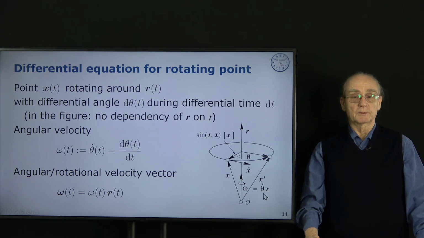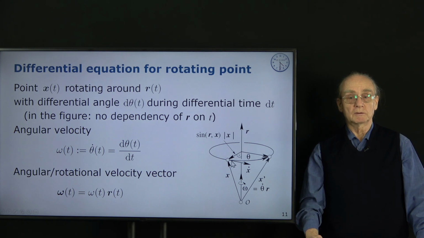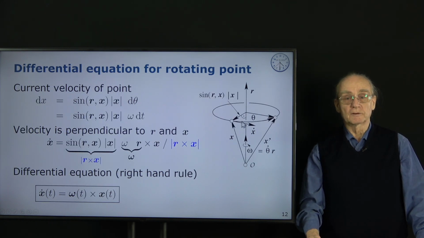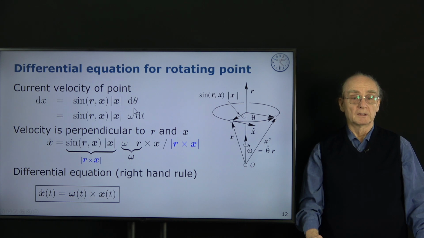Okay, now we want to describe a small differential motion of this point x along this circular path. We start with the length of this path. The first thing we observe is that if the direction here changes by some small angle, the length of the path is the angle of the change multiplied with the radius. So we have here the small change in direction, and the question is, how long is this vector?